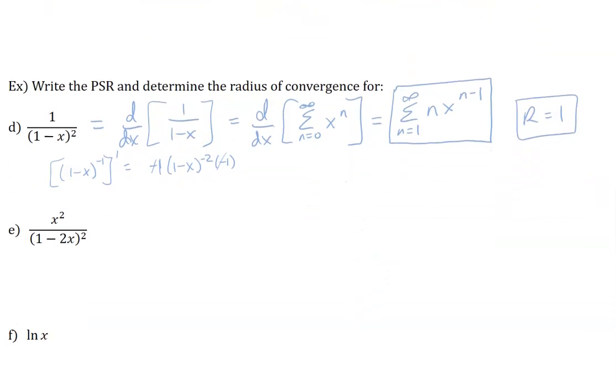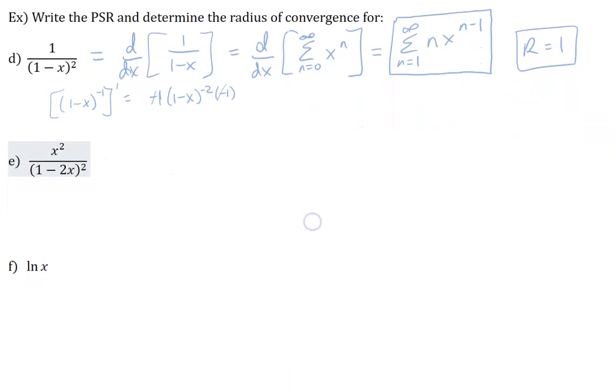All right. For this one, I don't want to try and integrate with an x squared in the numerator, but remember that the x squared or anything in the numerator can just be part of a. So I'm going to consider this like x squared times 1 over 1 minus 2x squared. And then I want to know if this is the derivative of something else.